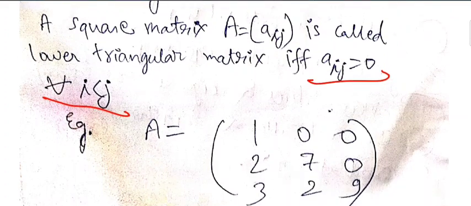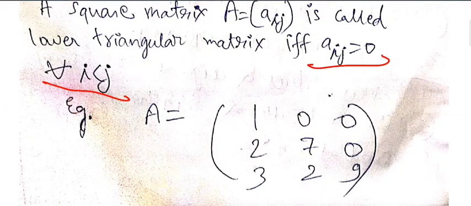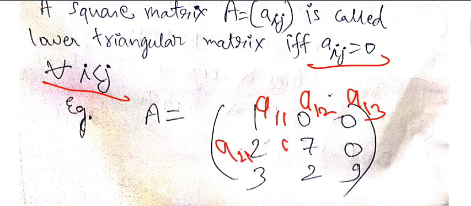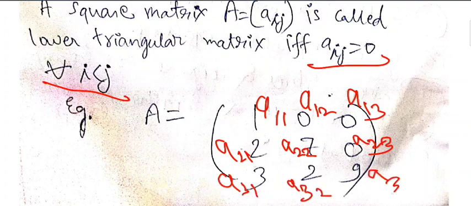So you can clearly see this over here: A11, A12, A13, A21, A22, A23, A31, A32, A33. Now for i smaller than j, where is i smaller than j? You can compare it with Aij.